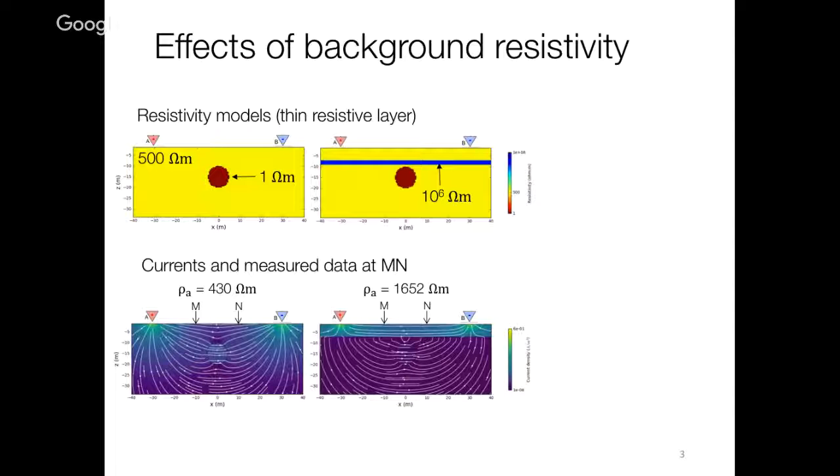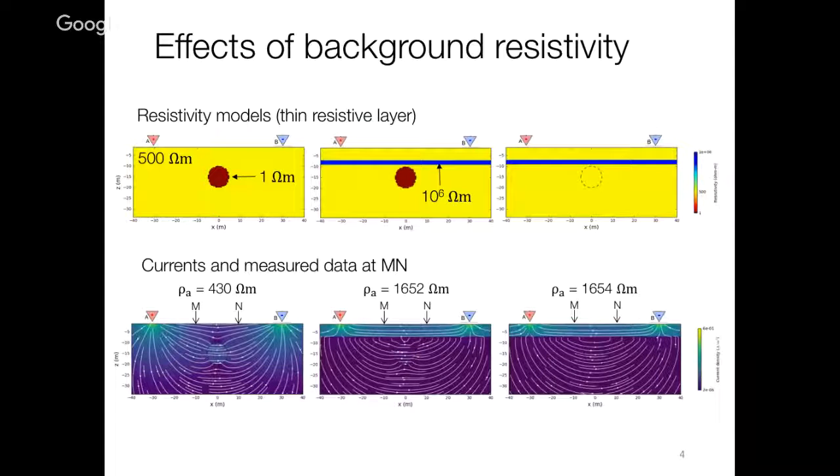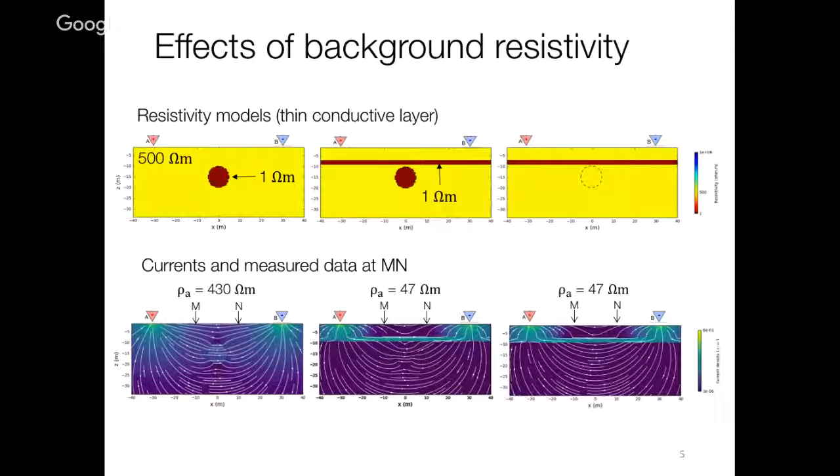And what about if I had a conducting layer? That should be okay. It shouldn't affect anything. Good. Okay. So if I have a conducting layer, now actually all the currents kind of go through and they hit this conductor, and everything just goes through the conductor and then up.